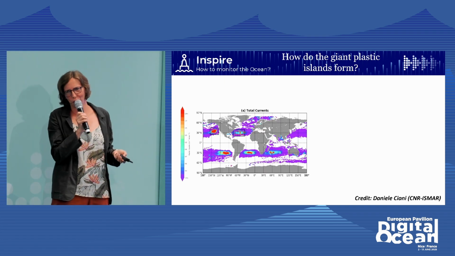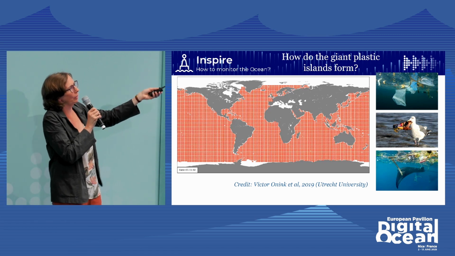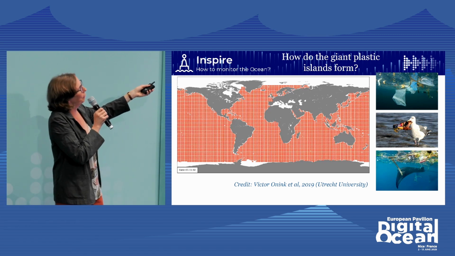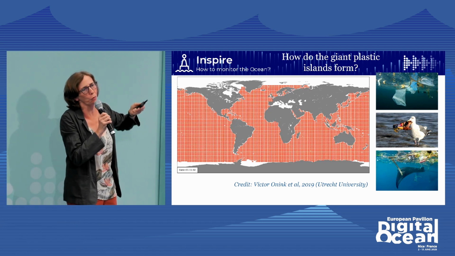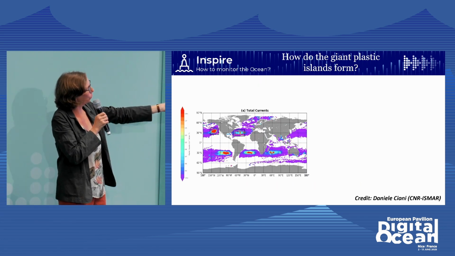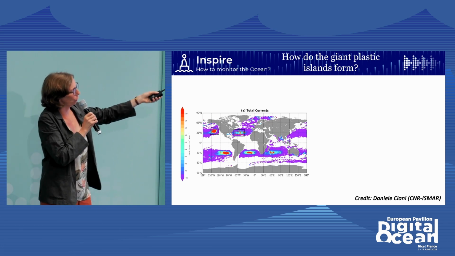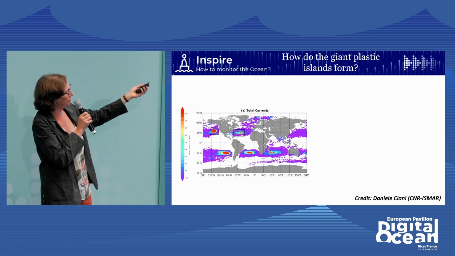There is an animation which does not start. This is bad. You would see each particle being advected and converging in the center of the ocean, and you would end up with this type of concentration by the total, the geostrophic plus Ekman currents.